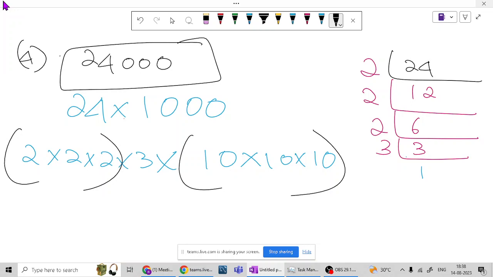Which year did it start? 1947. 1947, sir. I know, sir, but I just got confused. So India got freedom in 1947. Okay, 1947. Correct.